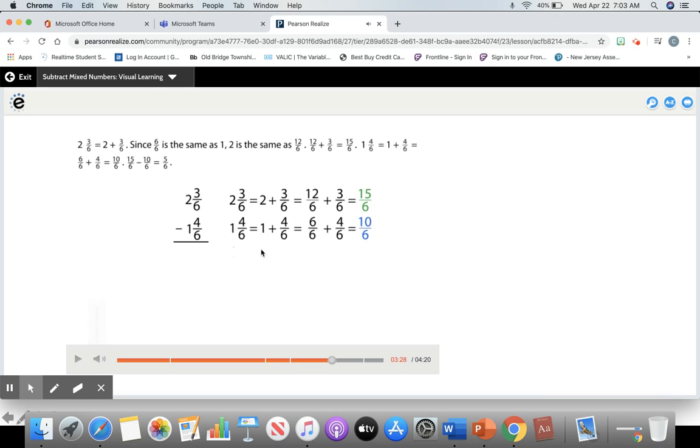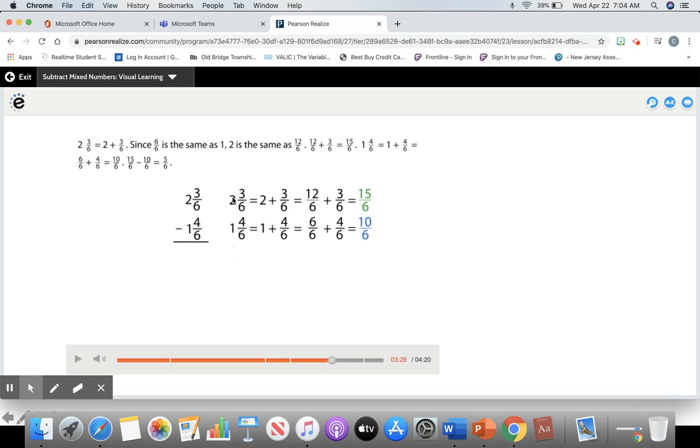So I'm going to pause right now just so I can help you understand that. Really what they did was to find this 15/6, they did 2 times 6, which is 12. 12 plus this extra 3 up here gave me 15.